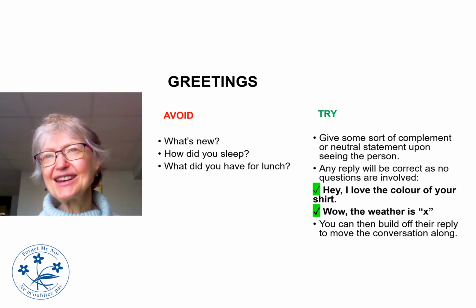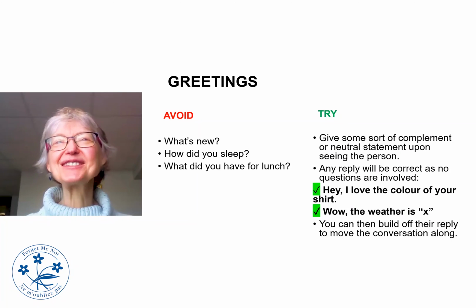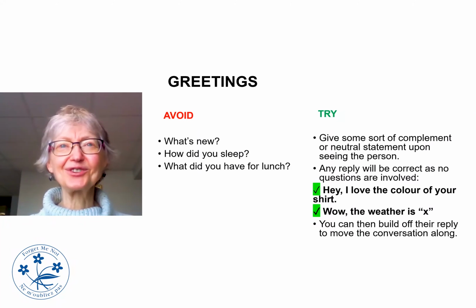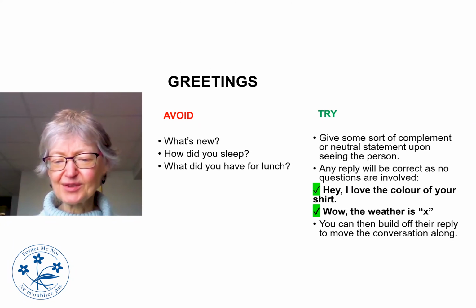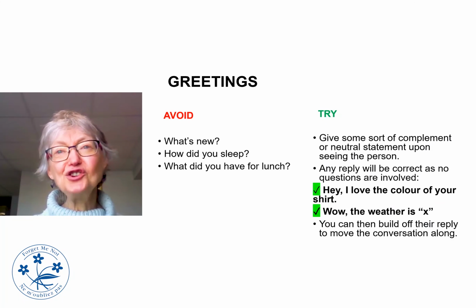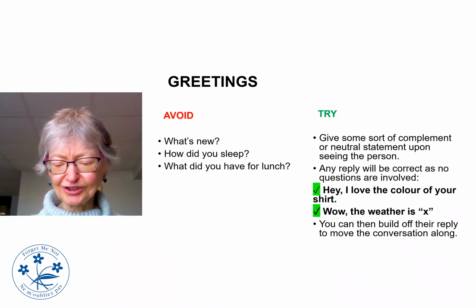And you see, any reply will be correct if there are no questions involved. And you want to set folks up to feel successful at the beginning of your conversations, right from the get-go. So I've given you some examples here. And then you build off their reply to move the conversation along.